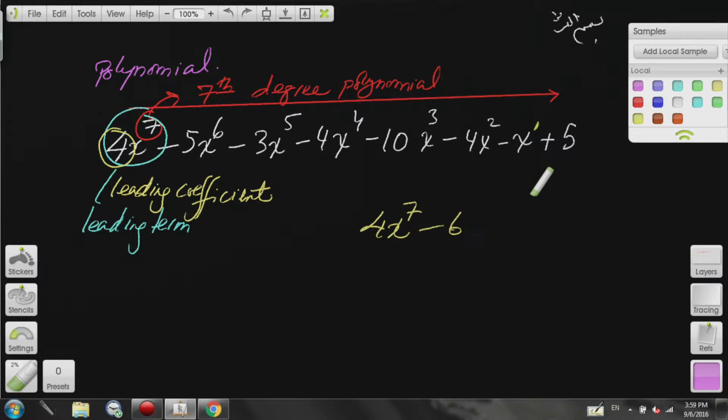Okay, so far so good. So this is the leading coefficient, leading term. And the last one over here, the caboose, so to speak, the last term, is a constant term. It has no variable associated. It's a constant term.